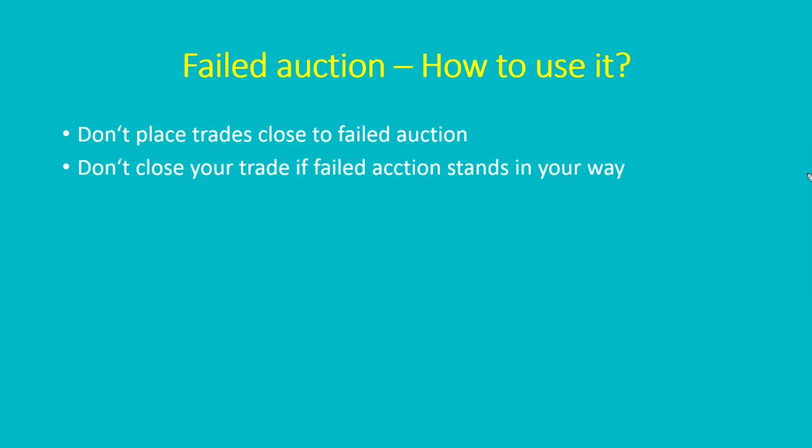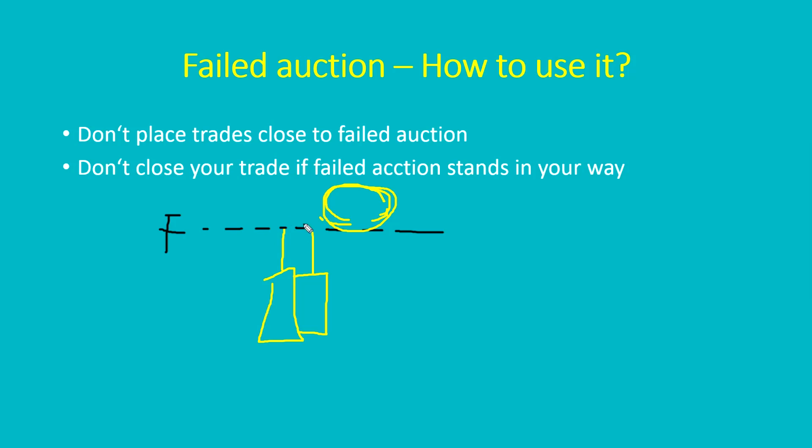The main reason the market wants to test the failed auctions is that the market is looking for liquidity. The big guys who control the market need liquidity to enter their positions. And if there is a failed auction, then it's very likely that there will be somebody willing to trade above the failed auction in this area.